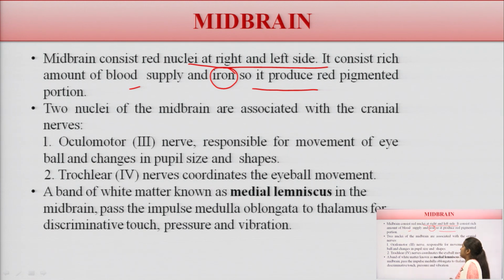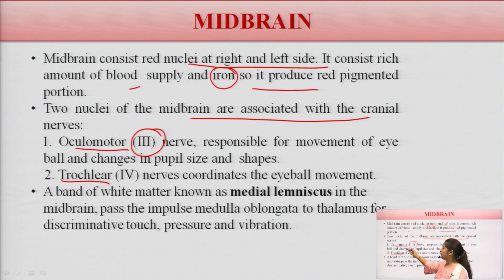Two nuclei of the midbrain are associated with the cranial nerves oculomotor, that is nerve number 3, and trochlear, that is nerve number 4.